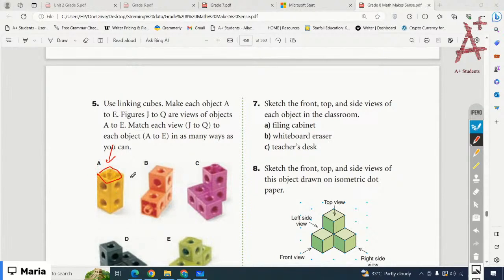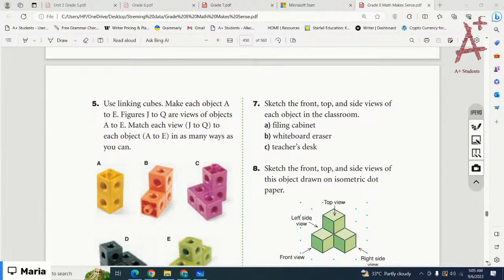But for the other views, if you see from the front, you can see this side, from the left you can see this side, and from the right you can see the two squares. If you see from the side, that would be this view, right?